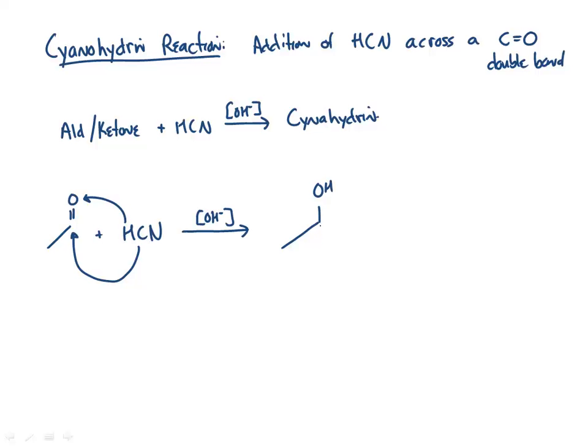I get an OH, and I get a bond to that new carbon. And I should point out that that carbon is triple bonded to a nitrogen, meaning if I take a look at the structure of HCN, the Lewis structure looks like this. And so when the computer draws it, it'll kind of draw it like that. Or maybe I should point out that that's how I draw it.